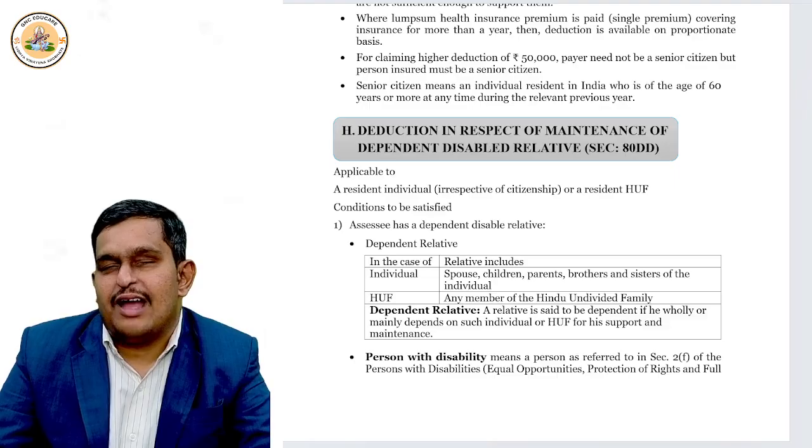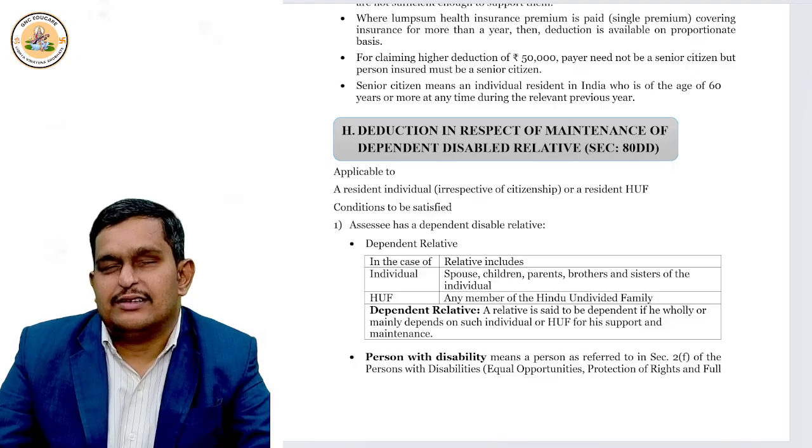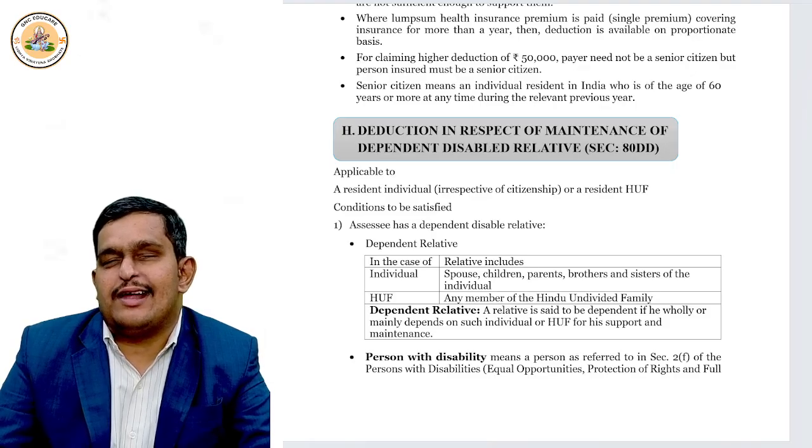Disabled means at least 40% disability should be there. Right? Basically, medical certificates are given for disability. So any government hospital nearby which issues these certificates, the person has to go, get the checkup done, get the certificate, and if the percentage given is less than 40, then you will not get the benefit here. If the percentage is 40% or more, then only you are considered disabled.